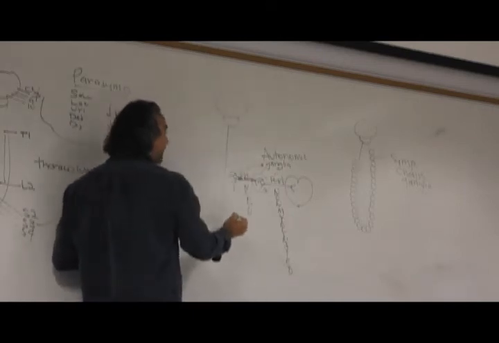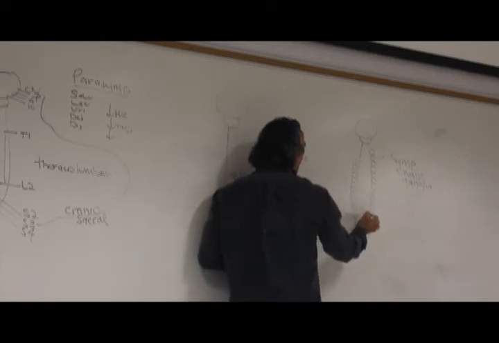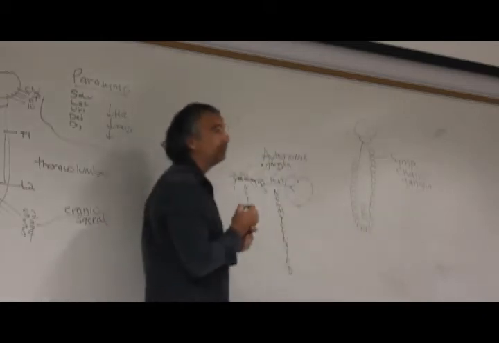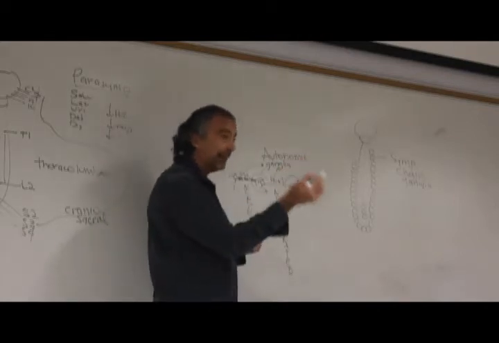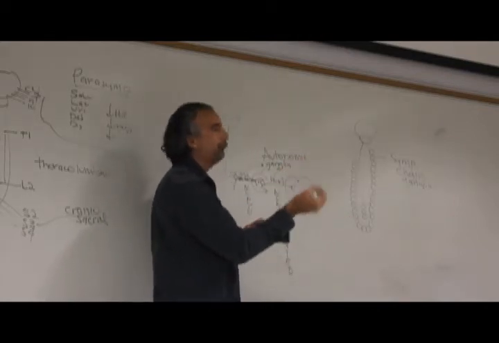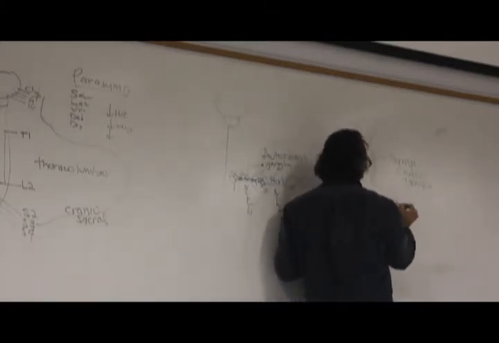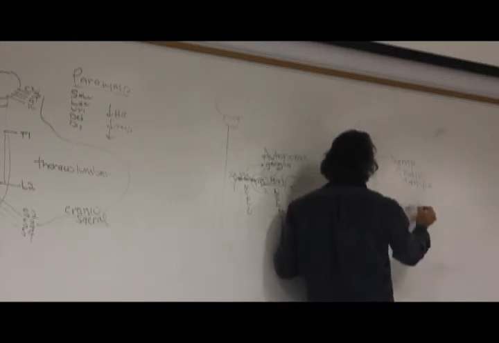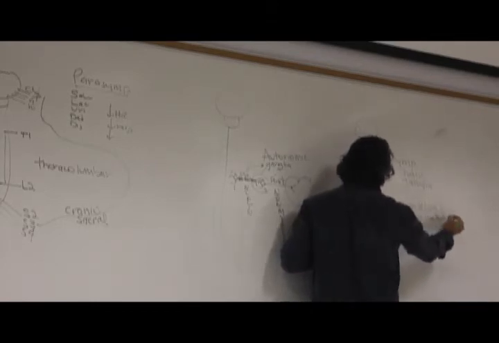I also have 3 that hang out on the front side of my cord. 1, 2, 3. What do we call those? Those are my collateral ganglia, or my prevertebral ganglia, and they actually have names. So we'll say those 3 over here. We can call them prevertebral, because they're in front of my vertebra, aka collateral ganglia.